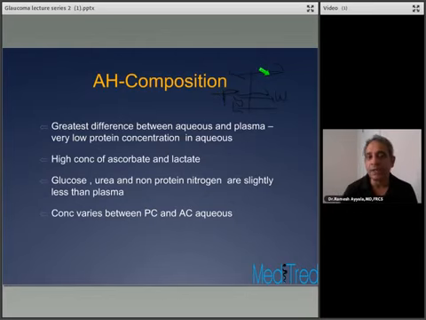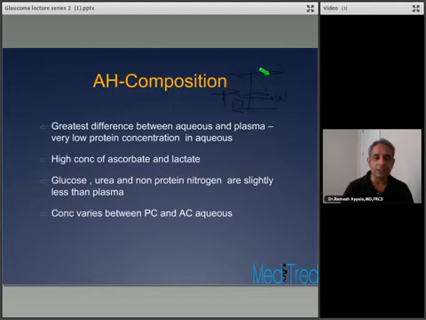And that's where the active secretion concept came into existence. That's the only way to explain why the concentration of certain things like ascorbic acid, ascorbate, is higher in the aqueous compared to plasma, right? And that's where the concept of active secretion came into play, just so you know.